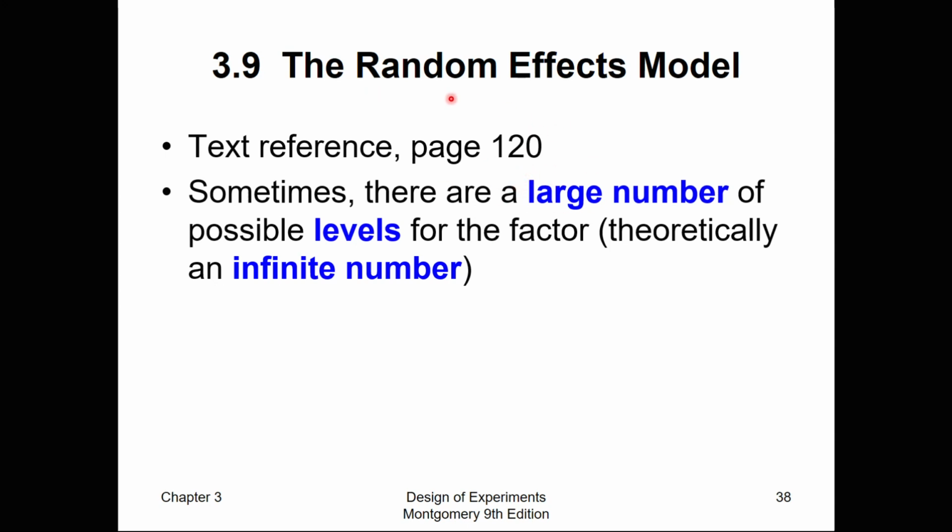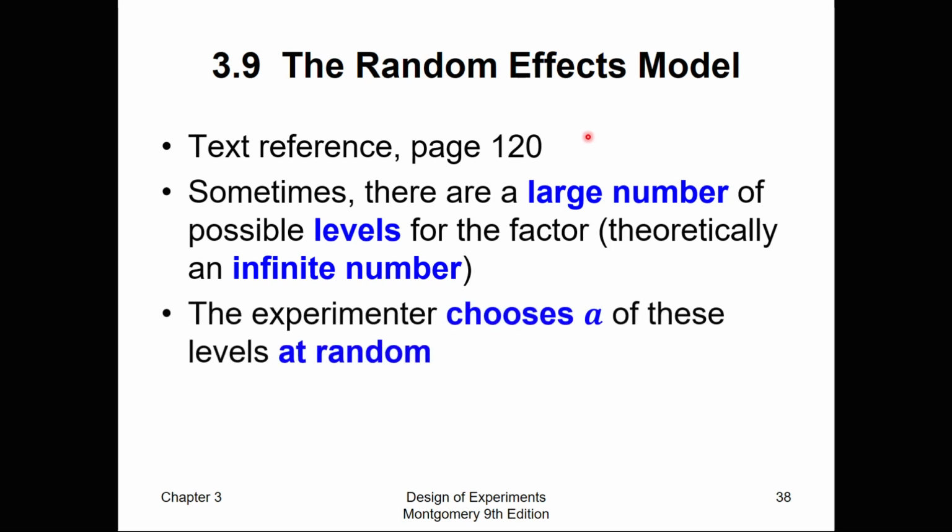Random effects are a way in which we can address this issue when we've got a very large number of factor levels to choose from. We can't reasonably have all the people in the world judge a contest. We can't reasonably study every kind of pizza topping. So we're just going to have to pick a few.